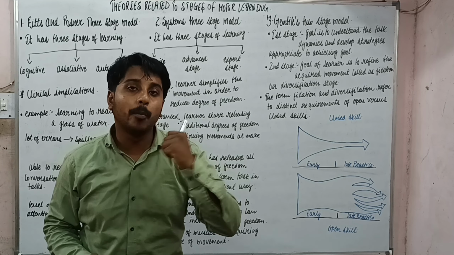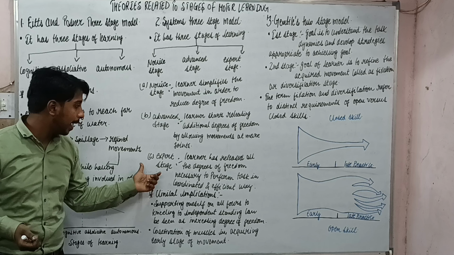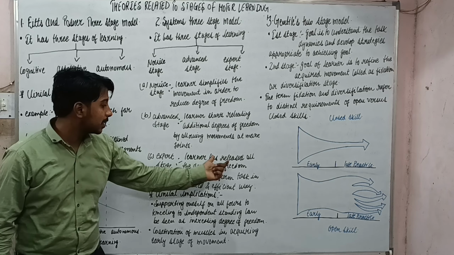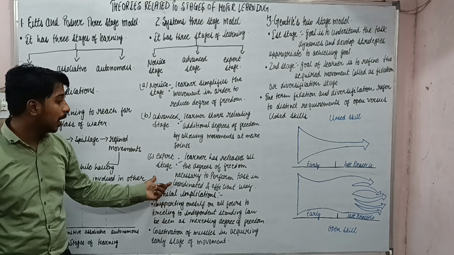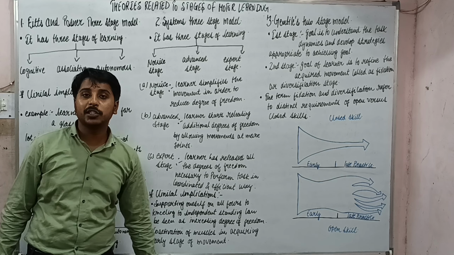अब हम थोड़ा wrist को भी free छोड़ने की कोशिश करेंगे. In the expert stage, the learner has released all the degrees of freedom necessary to perform a coordinated and efficient movement.